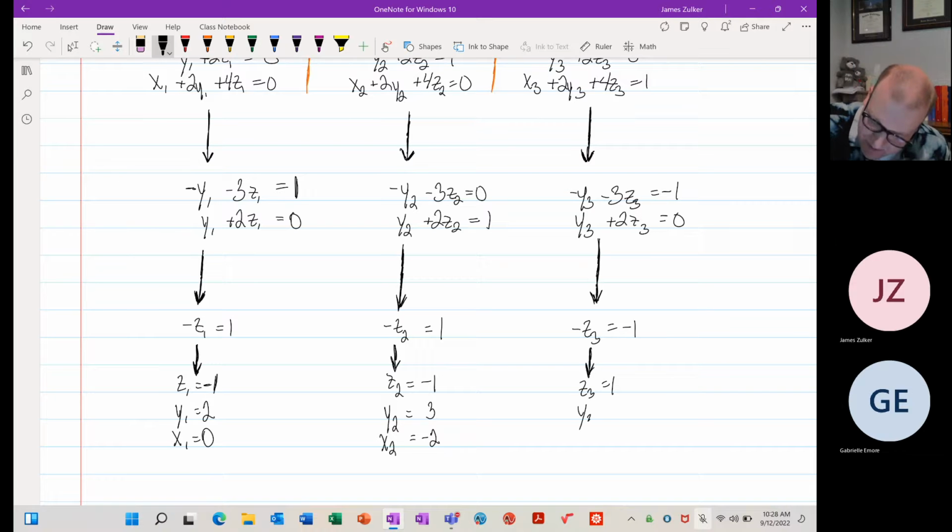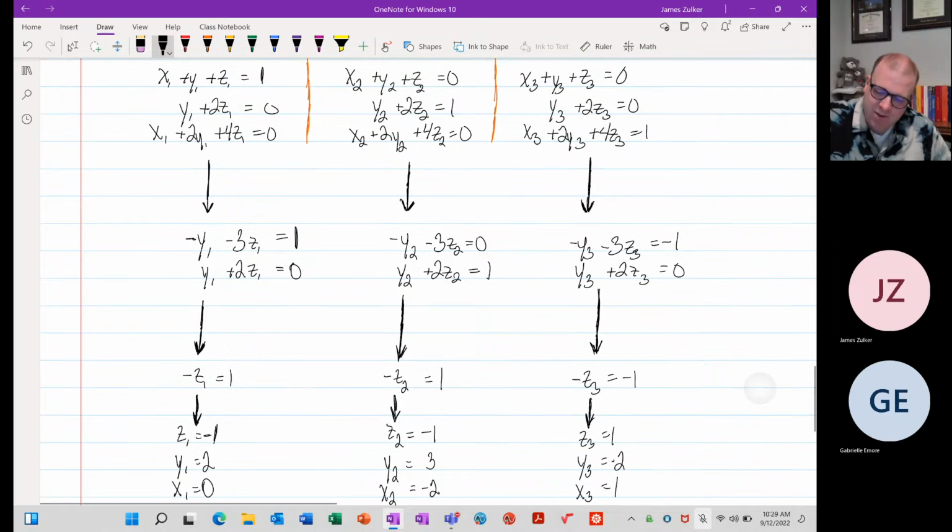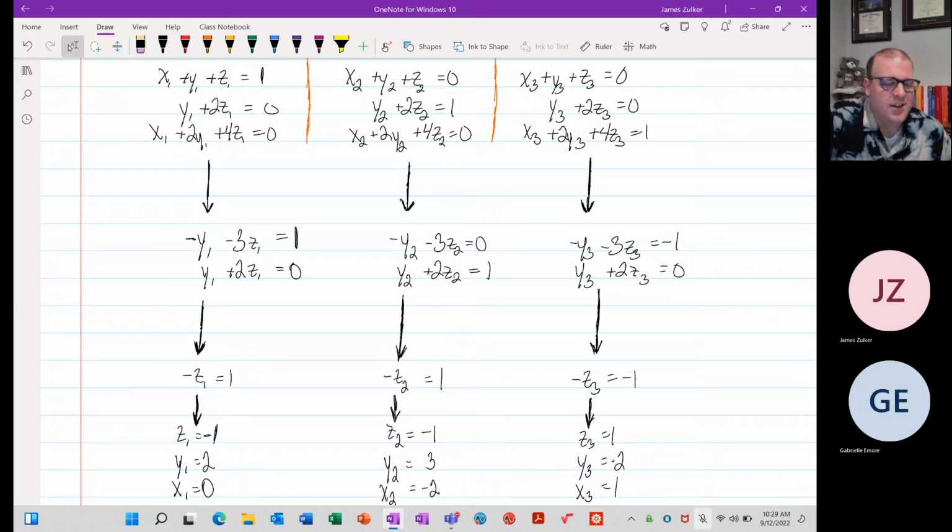And then when we do the backward substitution, y3 is -2 and x3 is 1. Since we're able to find values for all 9 unknowns, that means the inverse does exist.